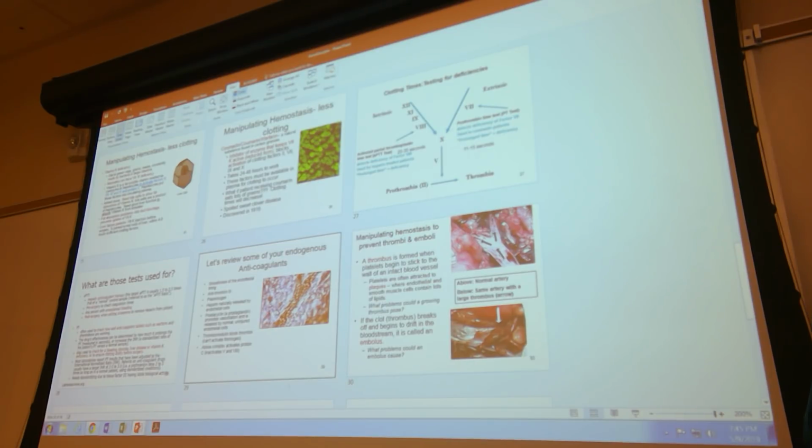TPA, tissue plasminogen activator, right? Plasminogen is a zymogen. It has to be activated into plasmin. Plasmin, I'll remind you, is the clot buster, not TPA. Remember, that was one of our early misnomers that we talked about.